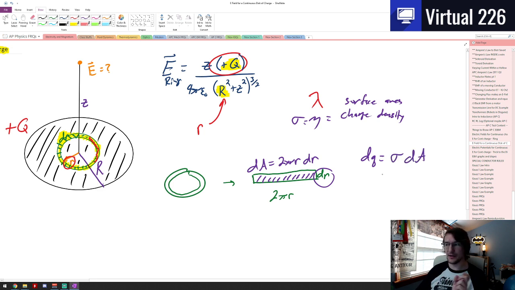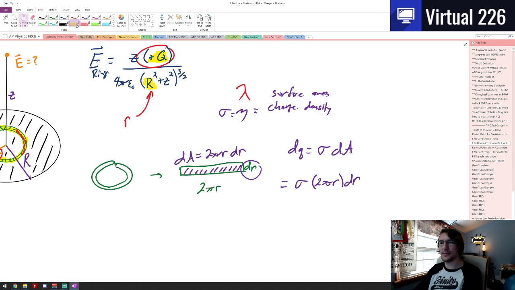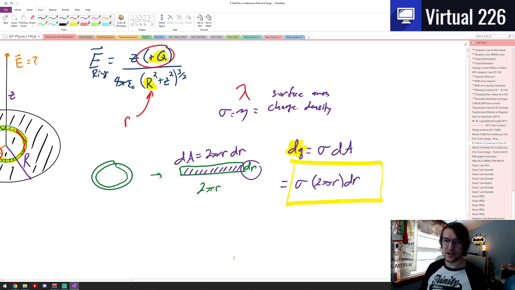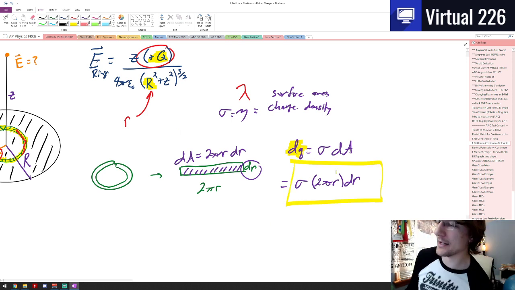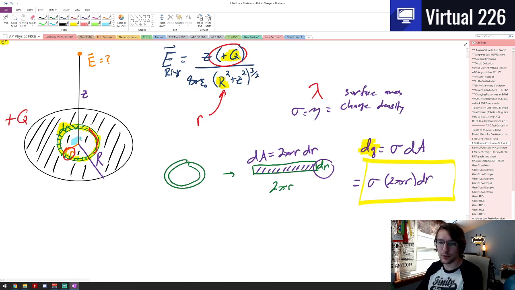It's my density times my little bit of area, and that gives us sigma, or zeta, whatever you're using, times 2 pi r dr. Now, this is helpful because, as we've seen in prior examples, when I'm trying to add things up, I'm trying to add up a bunch of little dq's here, but I can't add up dq's. What I'm really adding up is some distances here, okay? And luckily I can do this across the ring, because what I'm doing here is I'm saying, look, let's go for each of our smaller rings and concentrically build them out to get the entire setup, okay?